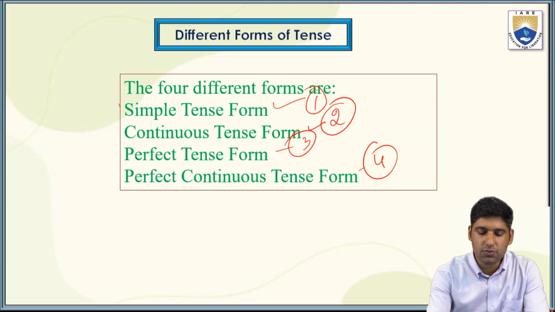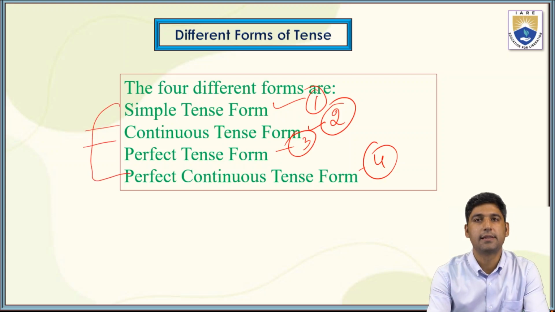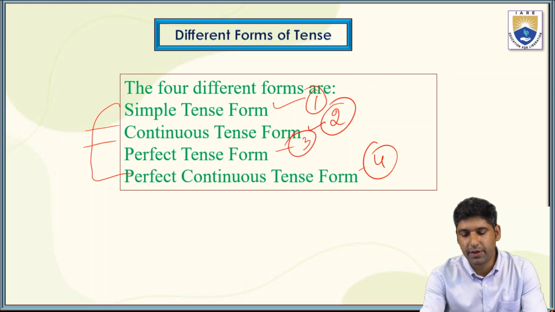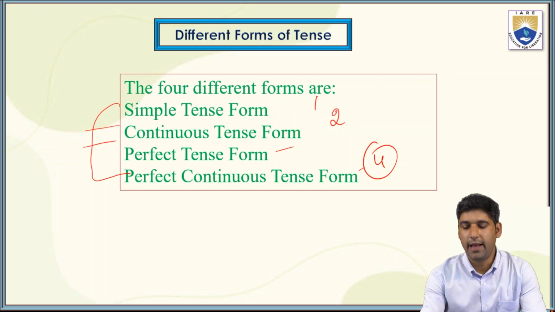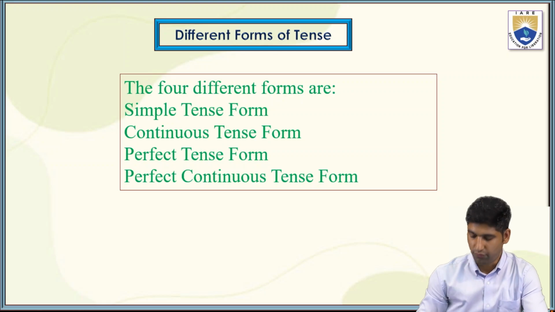For every tense, there is simple form, continuous form, perfect form, and perfect continuous form. So for all the tenses, we have these four forms.